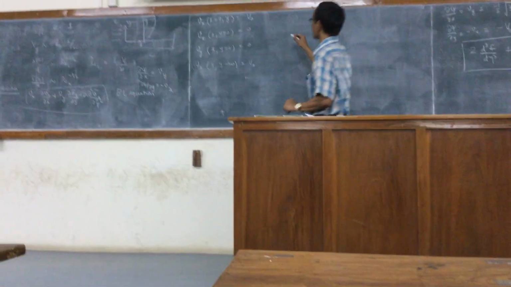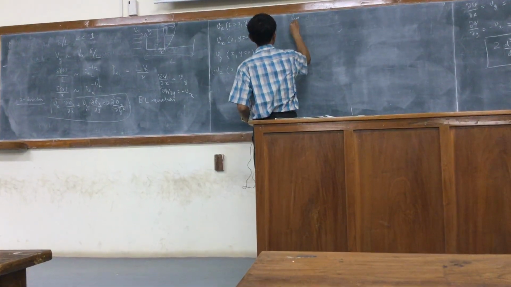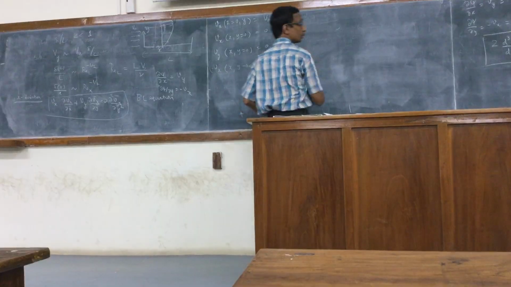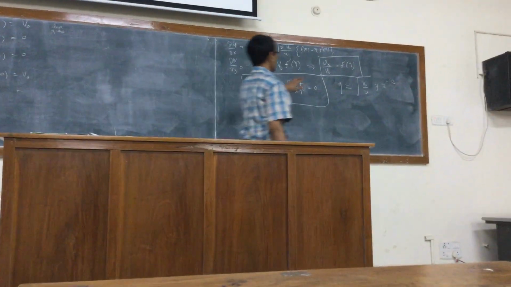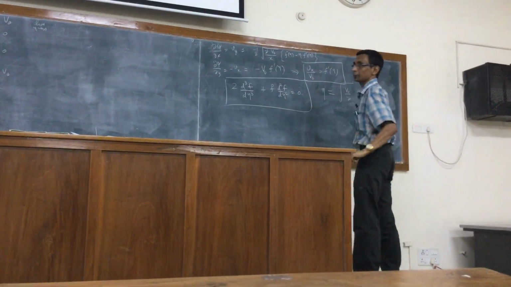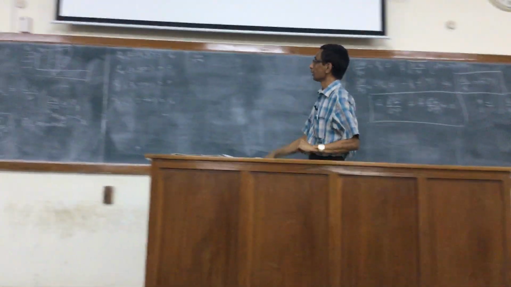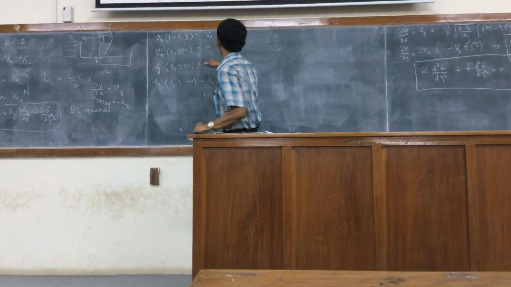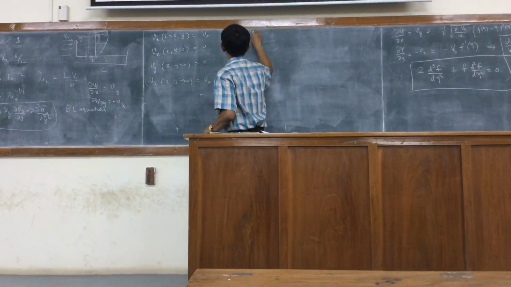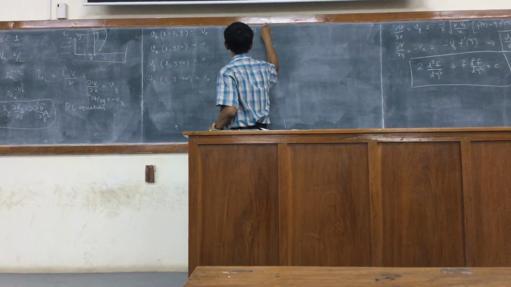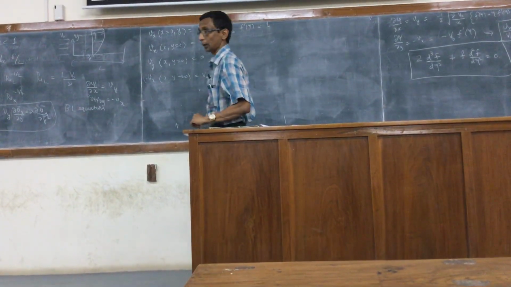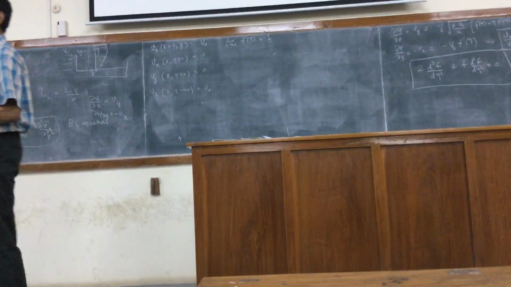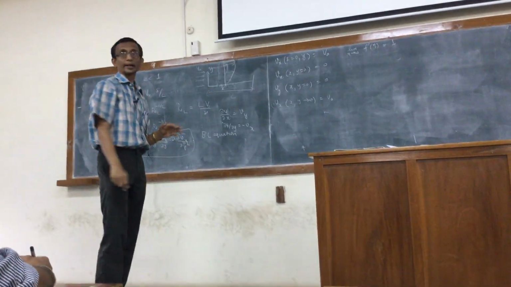So this would be the geometry, eta going to infinity. And Vx is nothing but v naught times f prime of eta, so Vx by v naught goes to 1. So I have f prime of eta goes to the limit equal to 1 as eta goes to infinity. That's what I have.